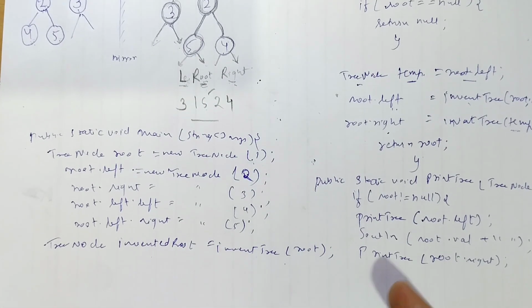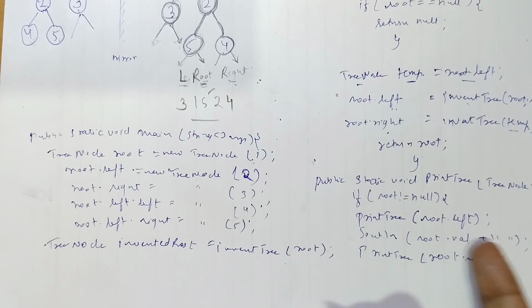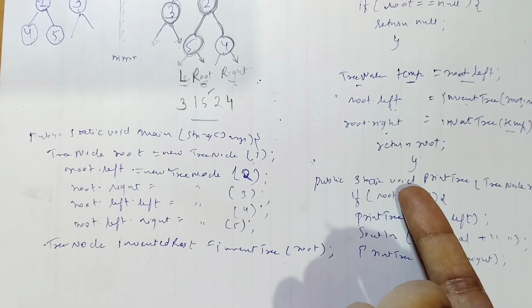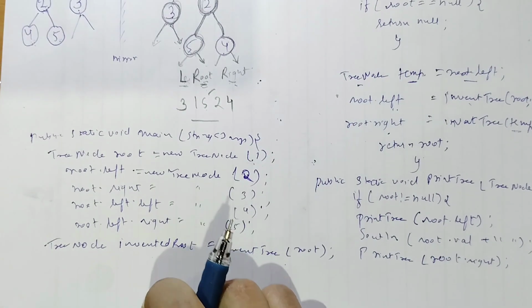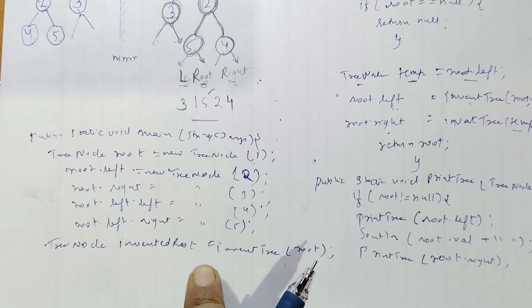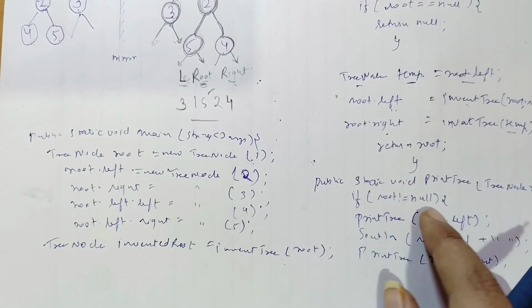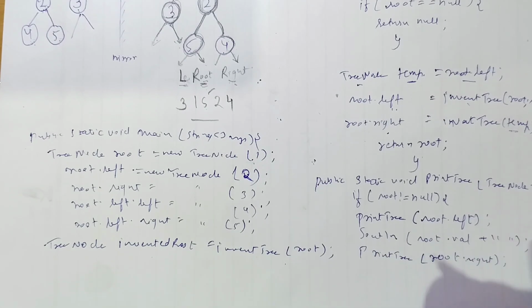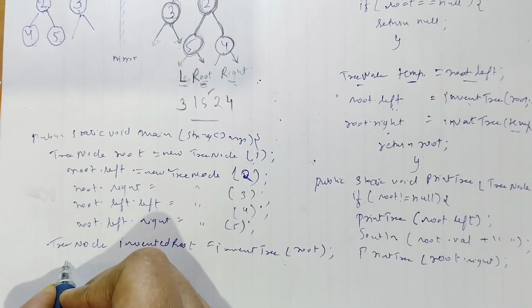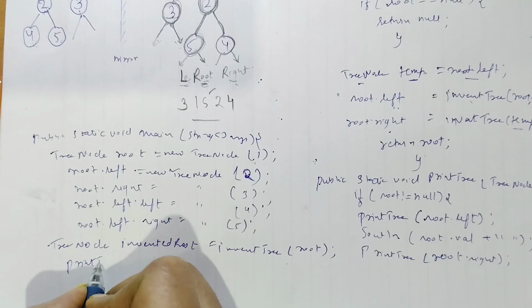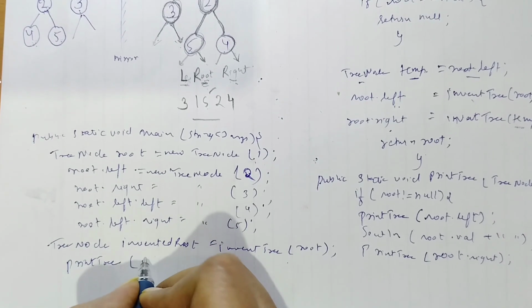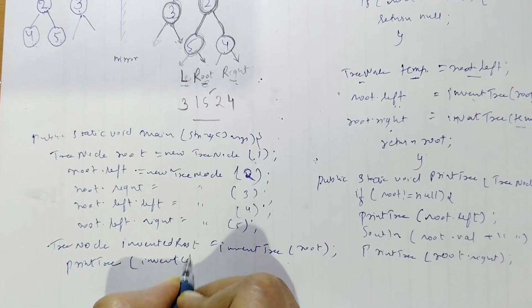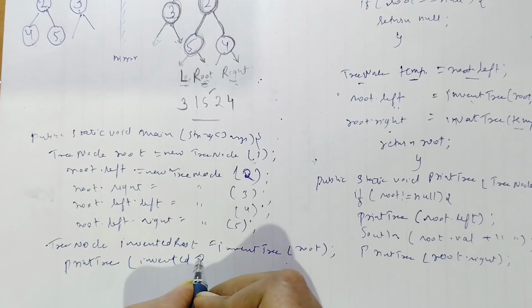We are using system.out.println here only, so that's why I have written void. If we want to call from here, then we would use int and have to return from here, but we have written system.out.println here only. So now we will only call print tree, now inverted root.